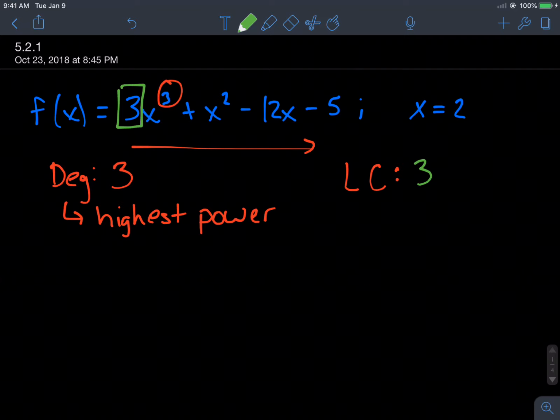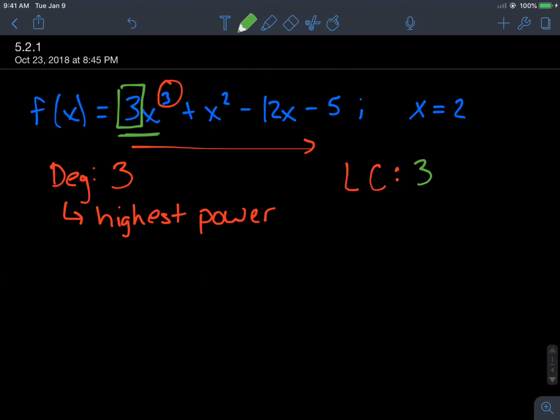Here our leading coefficient is 3 because that's the coefficient of our x cubed term. If we had put the equation in some other order, we would have to look for the term with the highest power, and 3 would still be the leading coefficient. Some problems might try to trick you and reorder things, so you have to look through to find the leading coefficient.